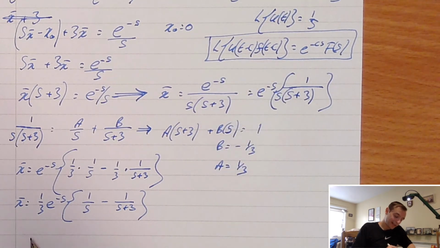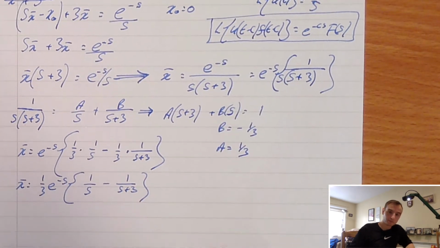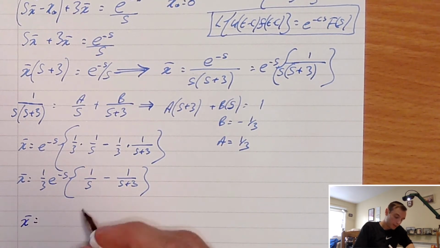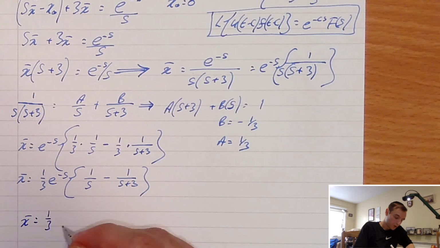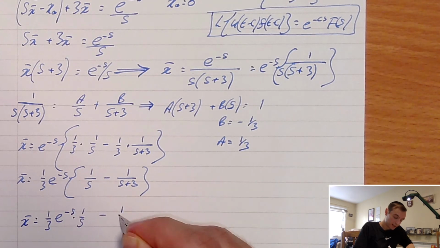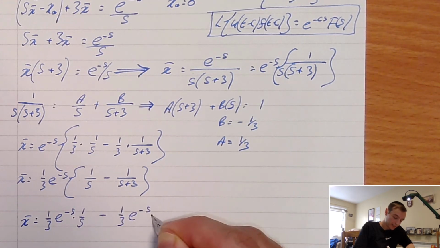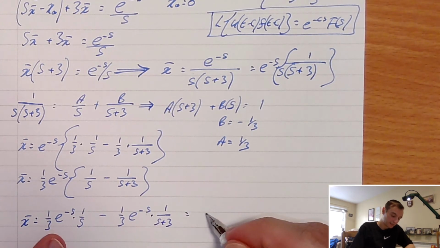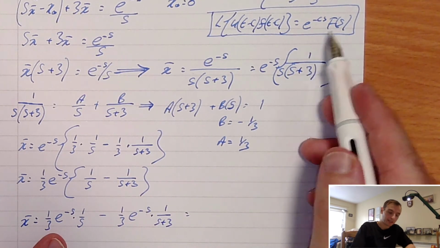So let's go ahead and do that. So we can now say that x bar equals 1/3 e to the minus s dot 1 on s minus 1/3 e to the minus s dot 1 on s plus 3. And I'm just going to rewrite that to make it a little bit easier for me in terms of the e to the minus s f of s.